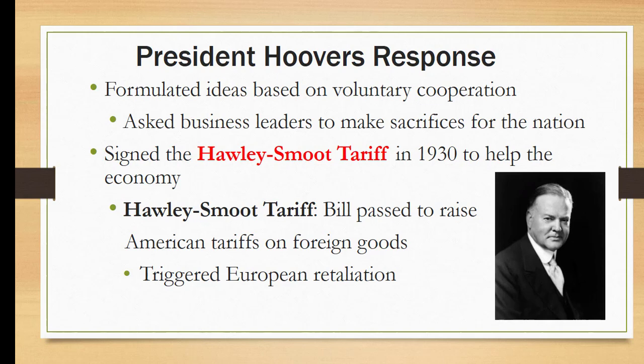Well, Germany was making its reparation payments to Great Britain and France, largely on the fact that it was exporting goods to the United States. It would use the money generated from those exports to then pay the reparations to Great Britain and France. Now, Great Britain and France were using the reparation payments that they were getting from Germany to pay off the loans they owed to the United States.